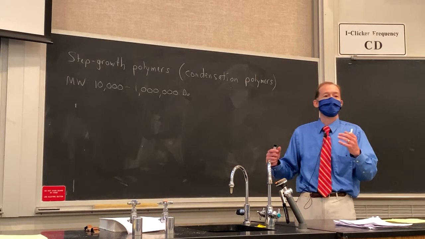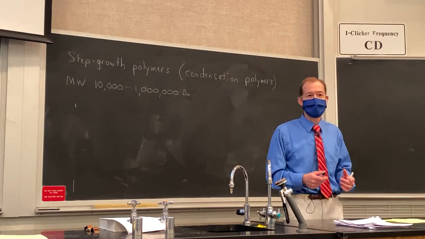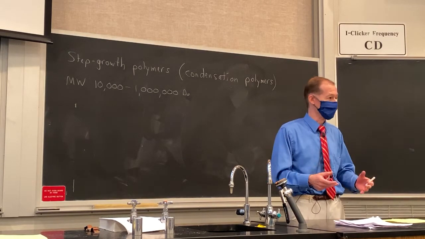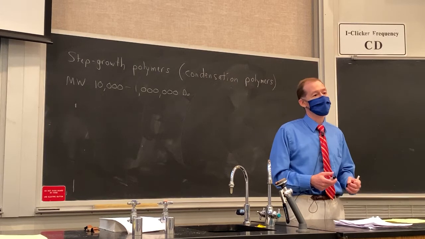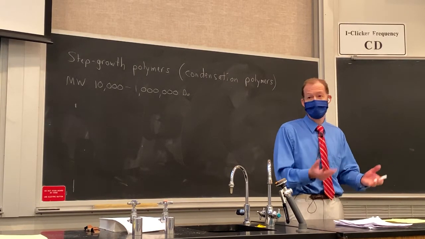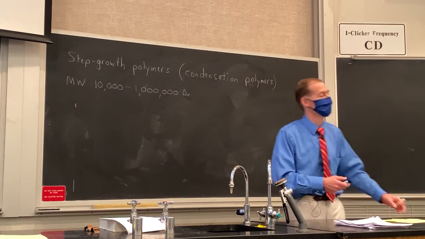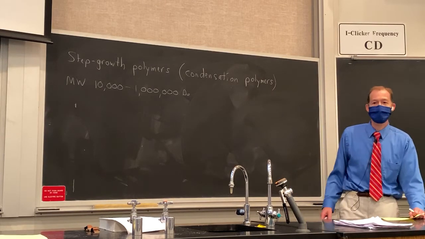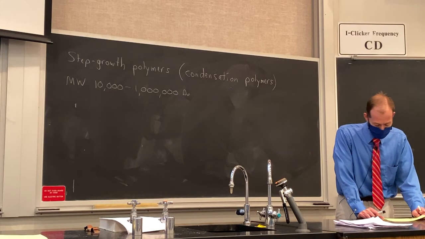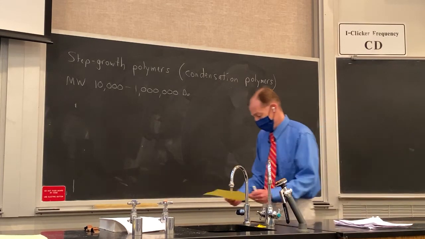You're going to have some other small differences in the backbones, as we'll discuss later on today. Because the chains are so long, those differences are negligible. And so the bulk properties of our polymers are essentially homogeneous, even though the sample of polymer is not going to be homogeneous. Any questions? Okay, so let's explore our chain growth polymers in a little more detail.